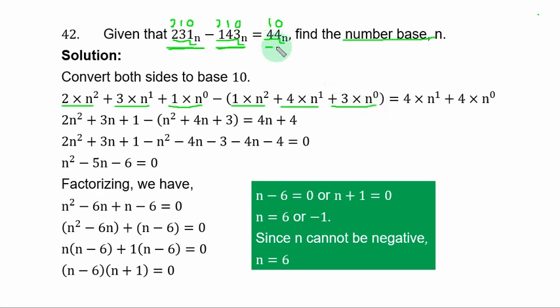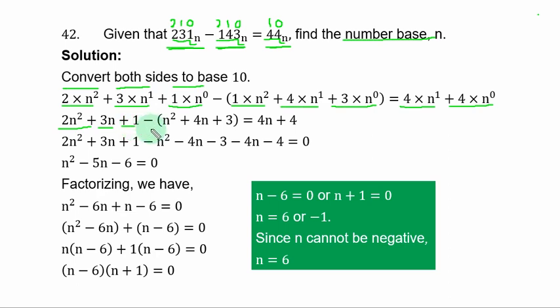Now you move to the right hand side, where you have 4 times n power 1 plus 4 times n power 0. We come here, 2 times n power 2, that is 2n squared, plus 3 times n power 1, that is 3n, 1 times n power 0, which means 1 times 1, that is plus 1.